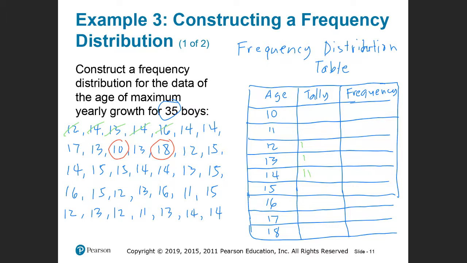16, we have 1 here, 14, another 14, and 17.